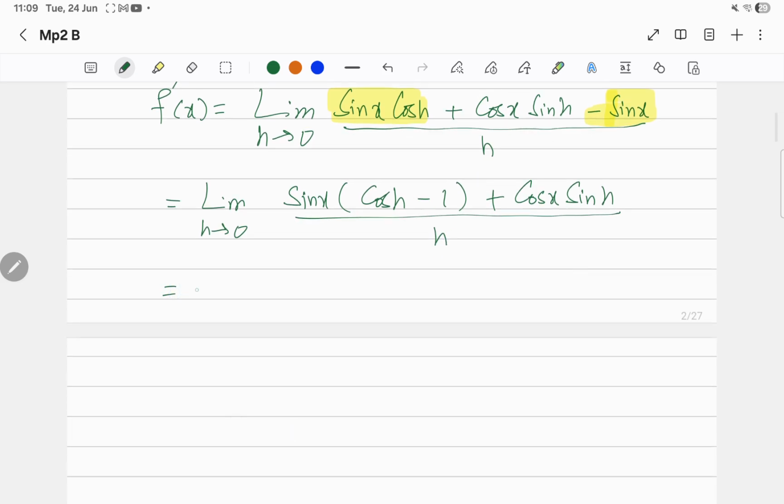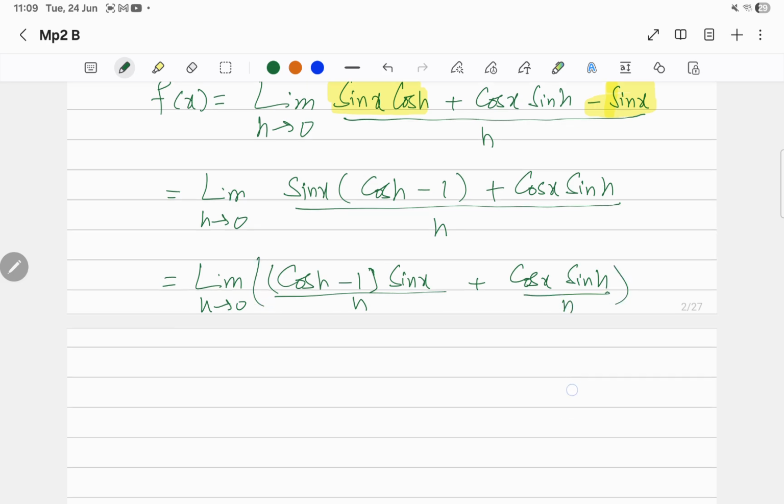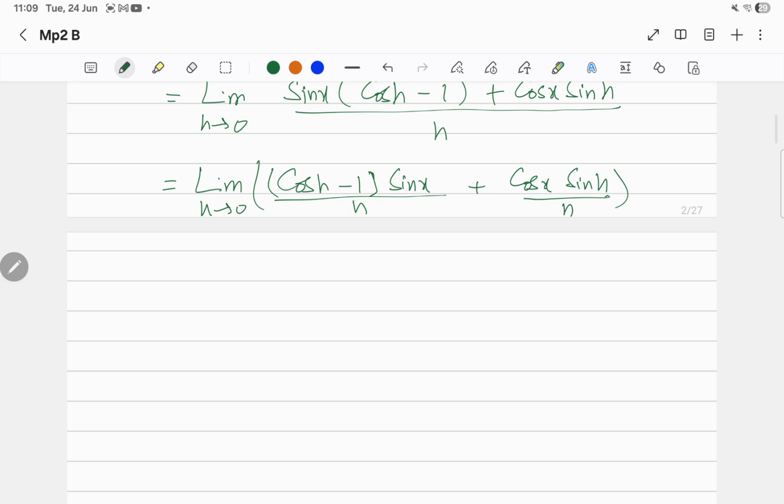On the next step, we split the fraction: the limit as h tends to 0 of (cos h minus 1) times sine x, divided by h, plus cos x sine h divided by h. Since we split the fraction, we should put the bracket on now.